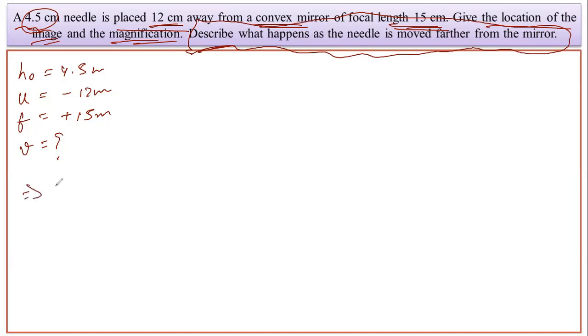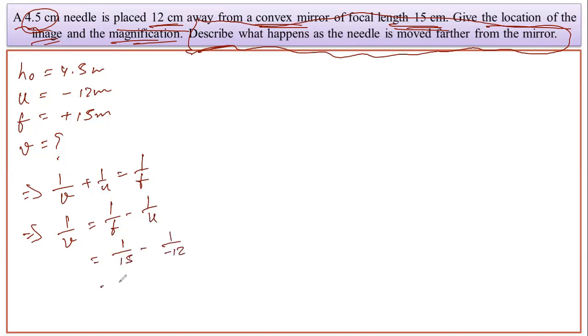Over here we will use the same formula: 1 by v plus 1 by u is equal to 1 by f. 1 by v equals 1 by f minus 1 by u. Just put the values. That is 1 by 15 minus 1 by minus 12. So it is 1 by 15 plus 1 by 12. The LCM will be 60. So 4 plus 5, that is 9 by 60.